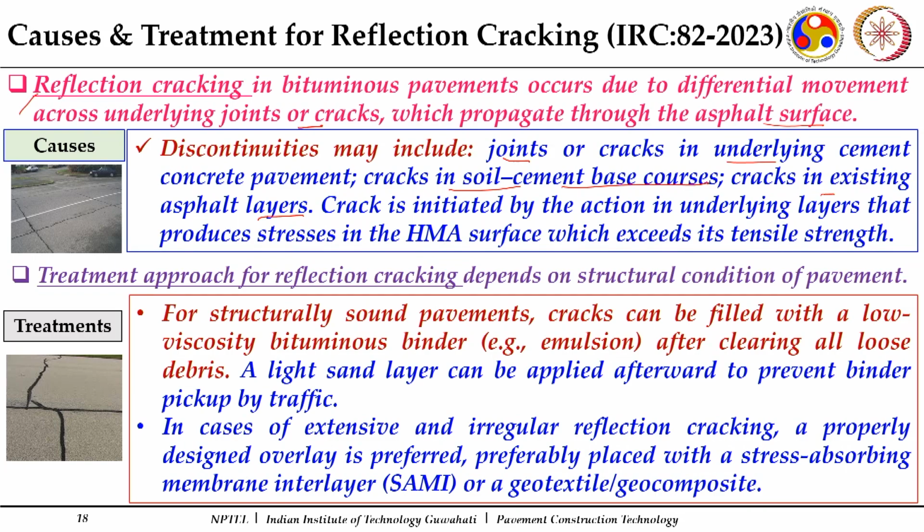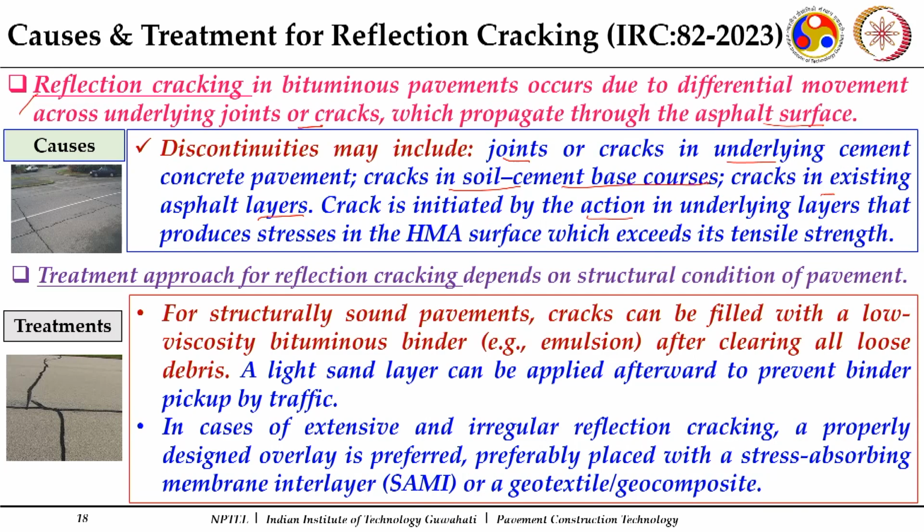So if the overlay is not properly designed, those alligator or fatigue cracks will reappear. It means it is not an engineered overlay. We have just gone for a thin overlay, but it is not able to address the main cause, your inadequate structural strength.